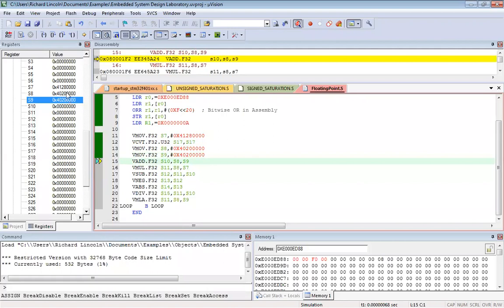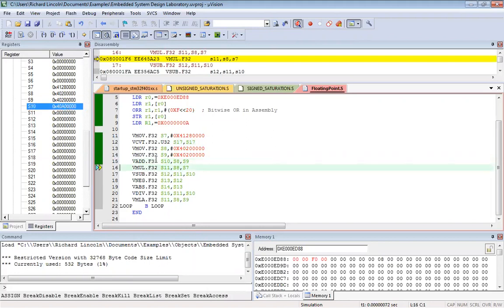Now we're going to add them both. Manually you can do this, you can add them, and the value is going to sit in S10. Here you can see that this is the floating point, and it is moving the immediate value to S9, moving this floating point value to S8.